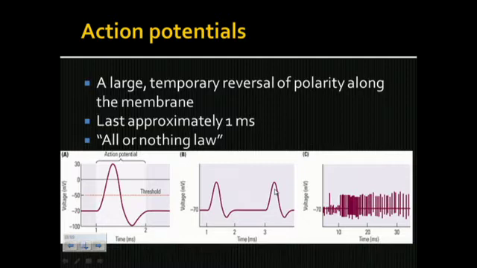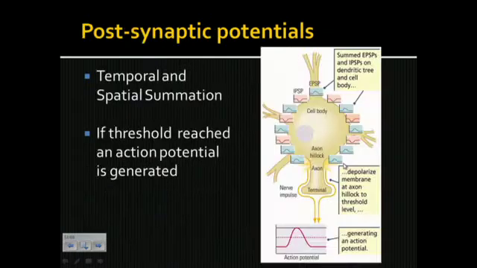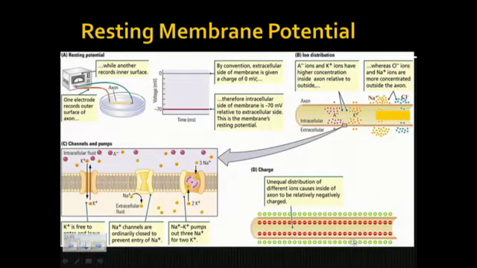from other neurons. Okay, so an action potential is a large temporary reversal of the polarity. So if you remember, here, this is at resting potential. And what happens with an action potential is the inside becomes positive and the outside becomes more negative relative to each other.